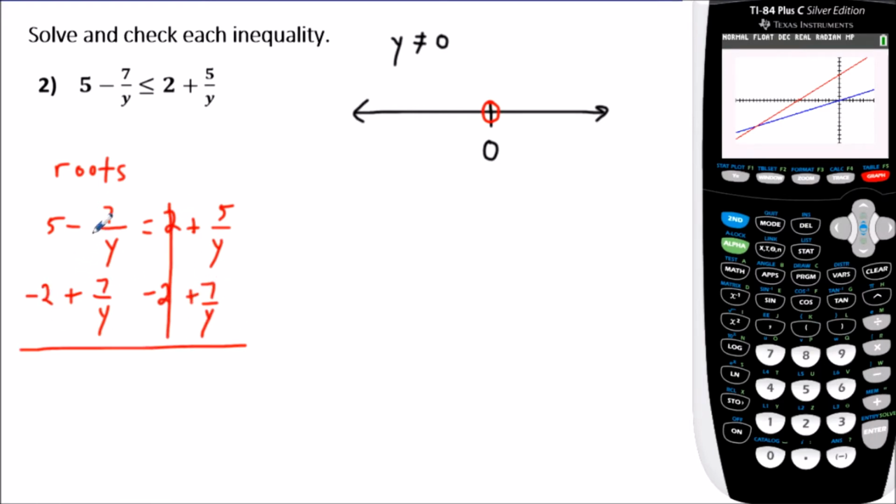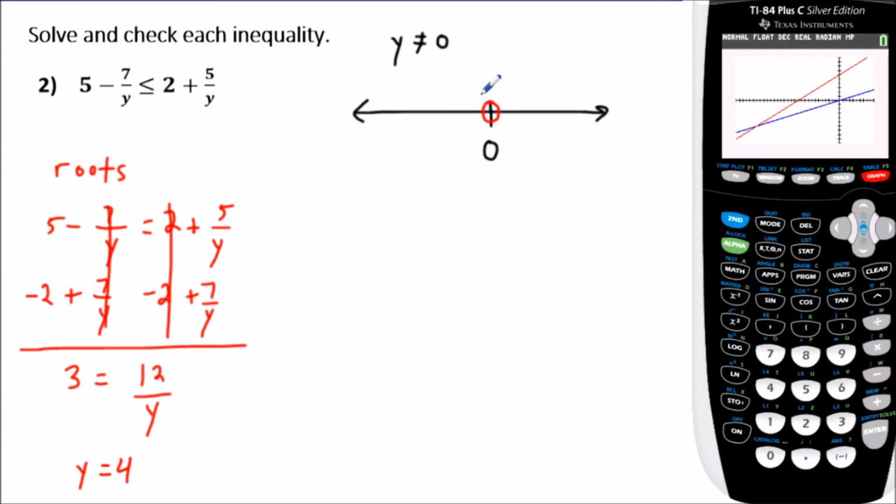Now these respective terms cancel, and we've got 3 equals 12 divided by y. At this step, you could cross multiply and do some algebra, but just think: 12 divided by blank equals 3. That means y has to equal 4. So y equals 4 is one of our roots.